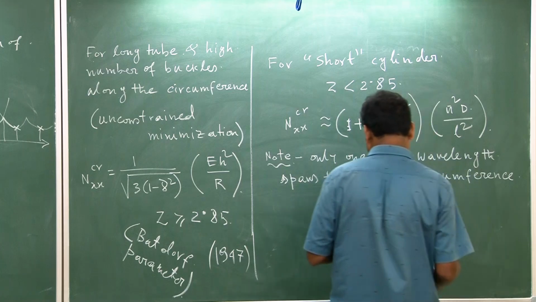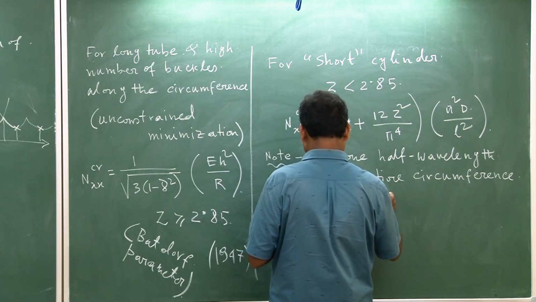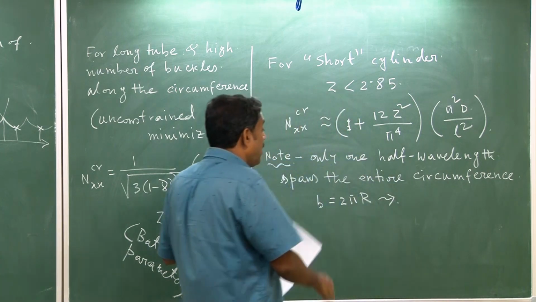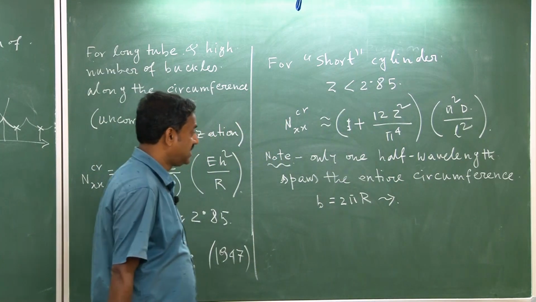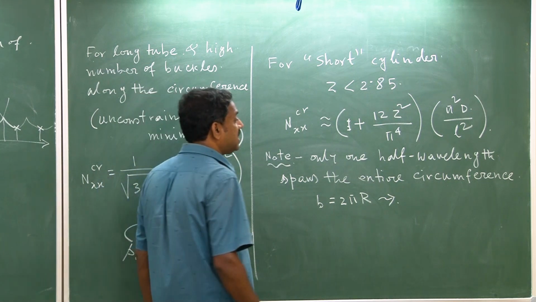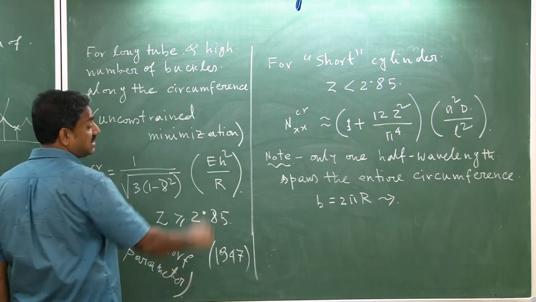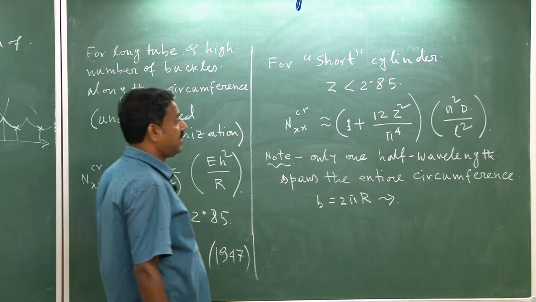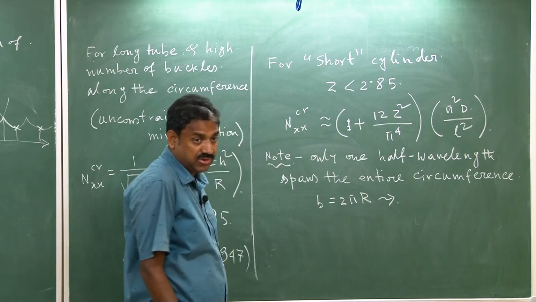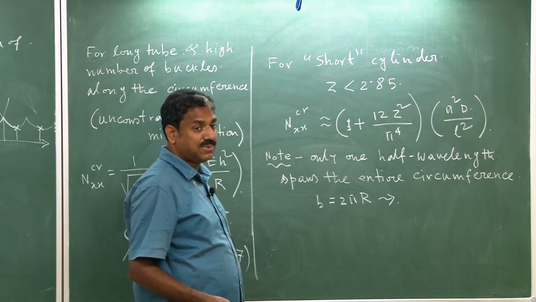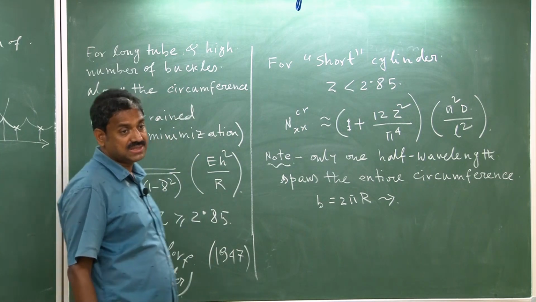That means D is equal to 2 pi r. For this, whatever has been obtained by Chazes around 1967, unlike the previous one, where a large number of buckles happen along the circumference, here for this case only one half wavelength spans the entire circumference. What does it mean? It is very similar to the axisymmetric case, right? B is equal to 2 pi r, and half wavelength is nothing but this.